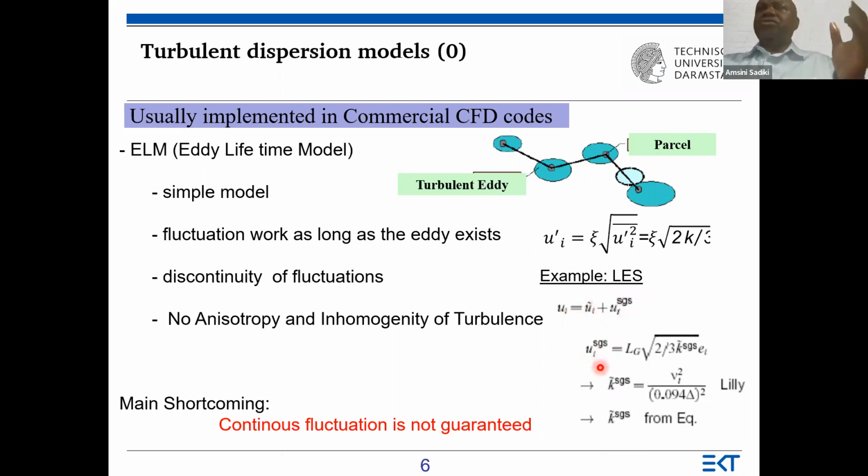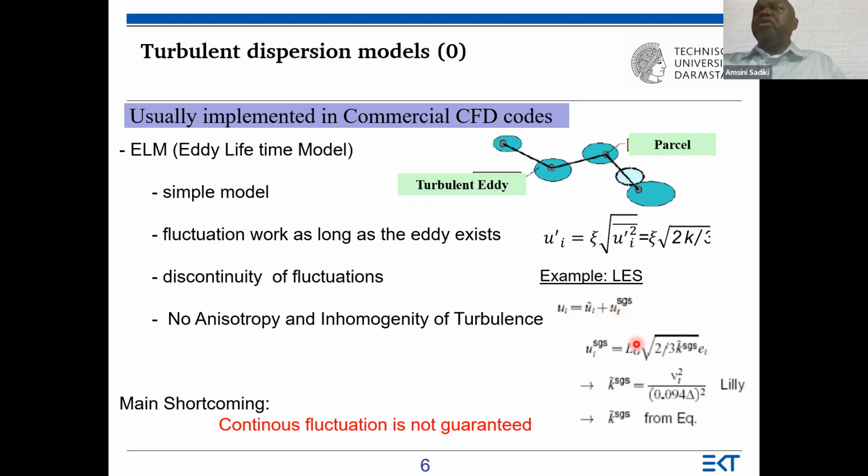And I told you yesterday for one example, we need the expression for this, and we can use only the one equation model, for example, with the subgrid scale turbulent kinetic energy here. If we don't have the one equation model as we did in our example yesterday, we can also use the Lilly model. If you have RANS, we will have the mean quantity here, and here we will have the fluctuation.